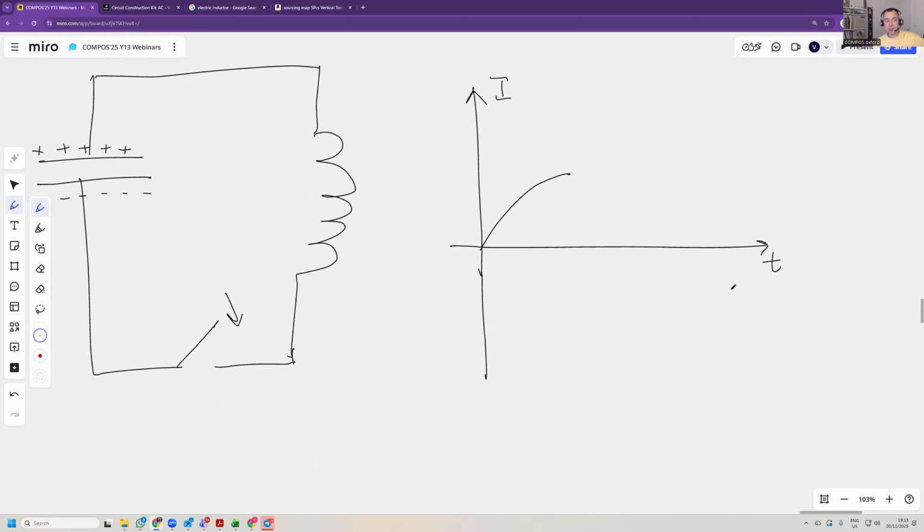But then once the capacitor is discharged, the current will start dropping, but the coil doesn't like change, so it will try to keep the current running for longer. And then the current will go back up, and like this.